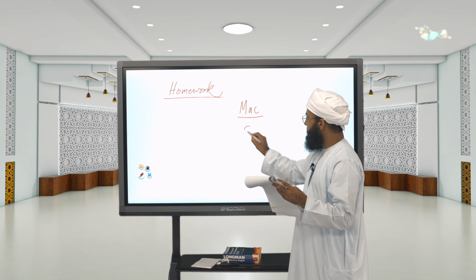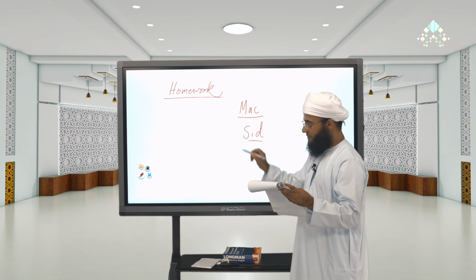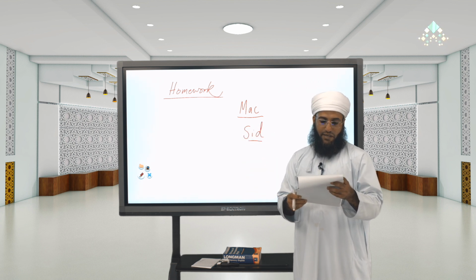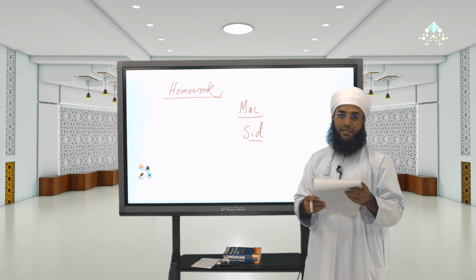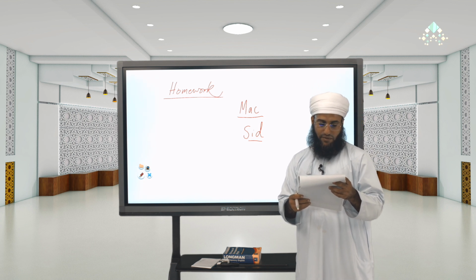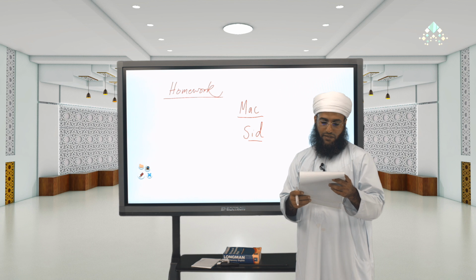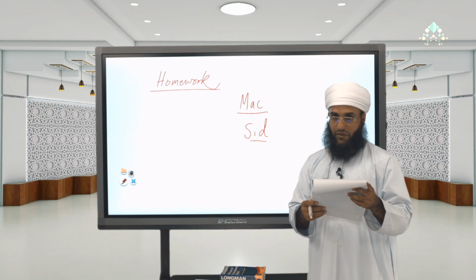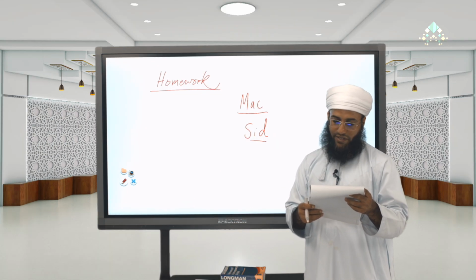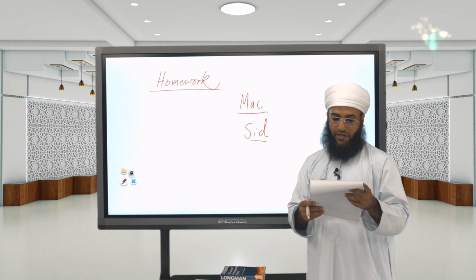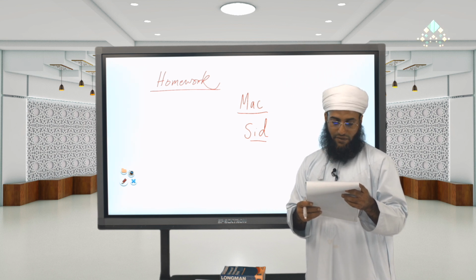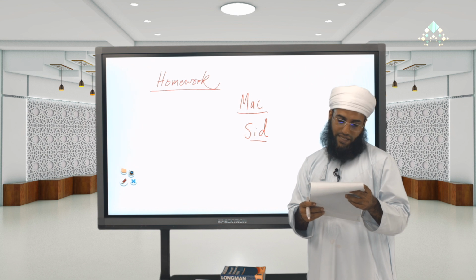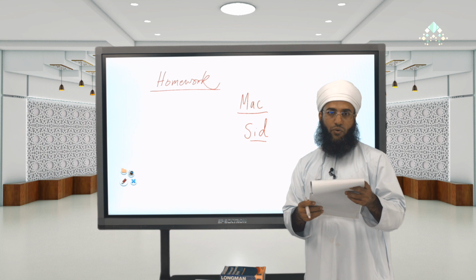Sid, it's a name of a person as well, a character. Sid is a big cat. Sid, the cat, hid in a bin. In a bin. Sid, the cat, hid in a wig.